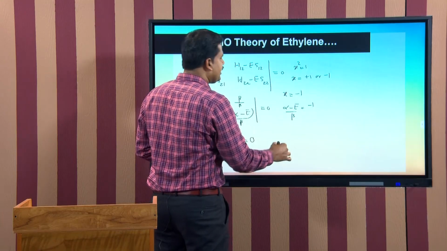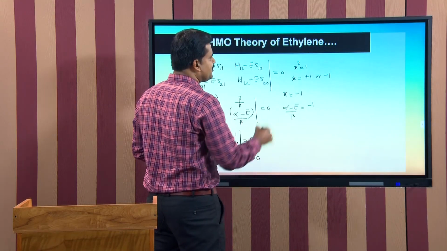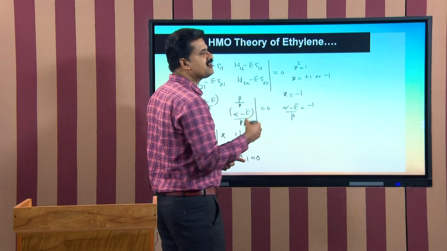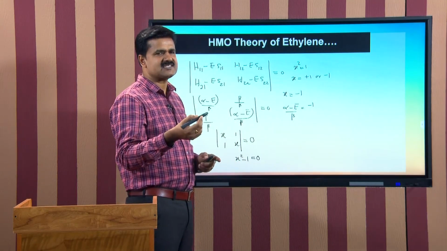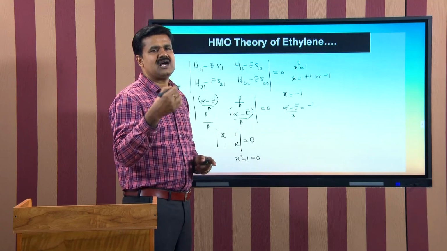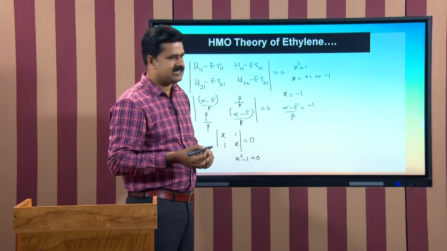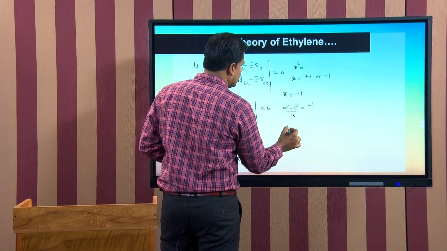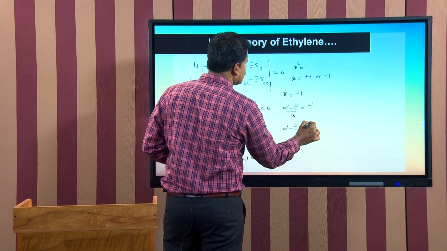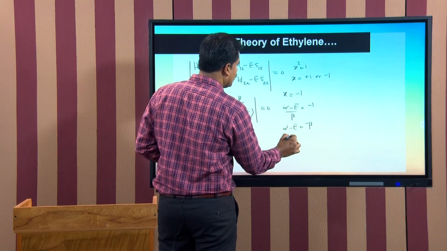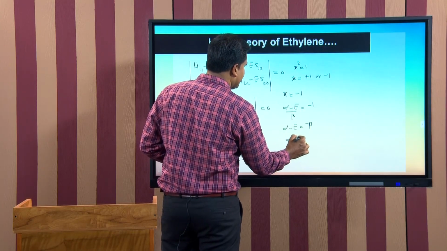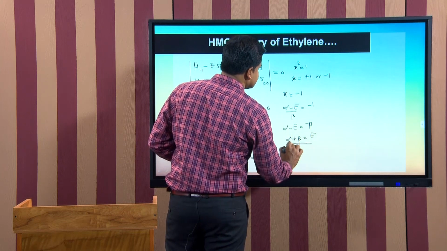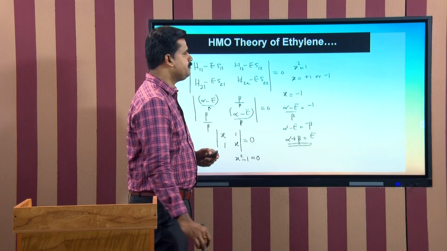This is case number 1, x is equal to minus 1, and in the next case we put x equal to plus 1 to get two different energy levels. These two energy levels are the energy levels of two Huckel molecular orbitals of ethylene. So alpha minus E by beta is equal to minus 1, or alpha minus E is equal to minus beta, or alpha plus beta is equal to energy. This is the first value of energy.